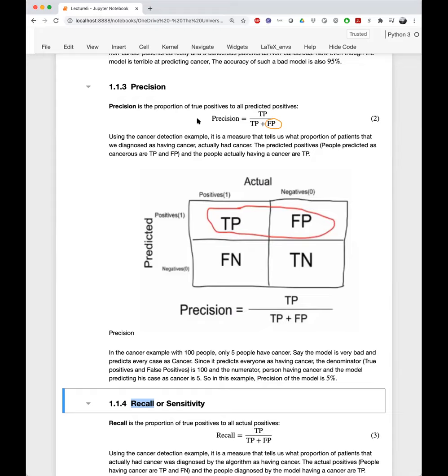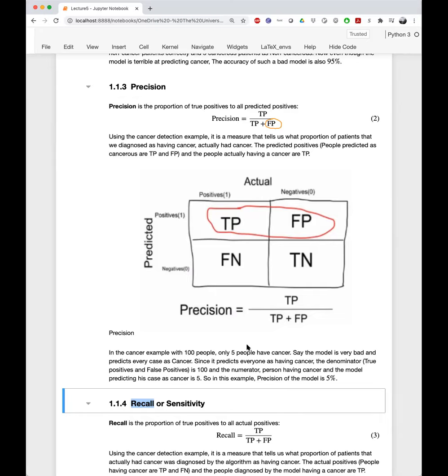In the previous one, it predicted every case as no cancer. Here, it predicts every case as cancer. So this is a pretty bad model. But since it predicts every case as cancer, the denominator here is 100, all of the predicted positive cases.